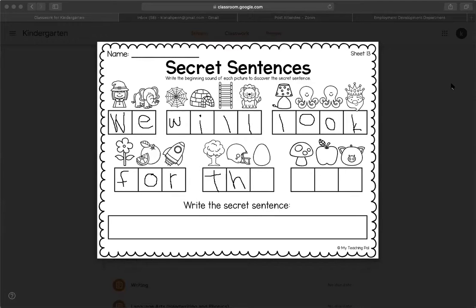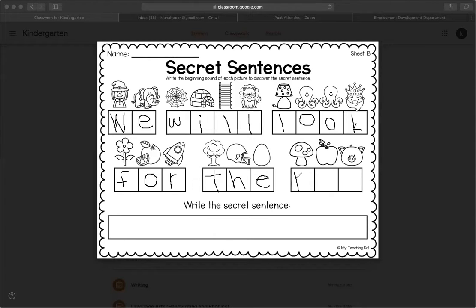And Tristan, what's the next picture? Egg. And what letter sound does egg start with? E. Good job. A would be ah. Now, Cairo, can you tell me what the next picture is? Mushroom. And what letter sound does mushroom start with?